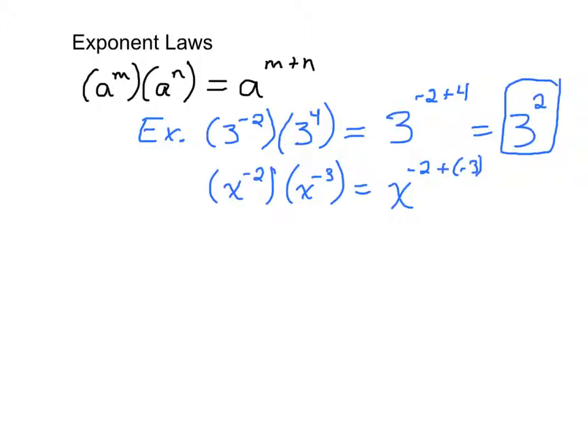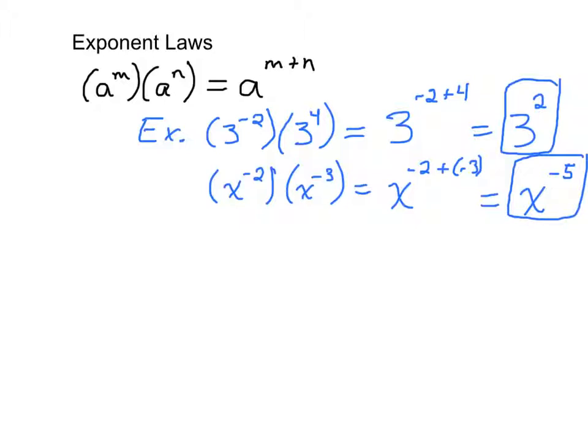Notice how I've kept the plus and the negative separated. It is important that you keep all your signs when you're doing this simplification. Our final answer will be x to the power of -2 plus -3, which gives you -5. And that will be our simplified answer.